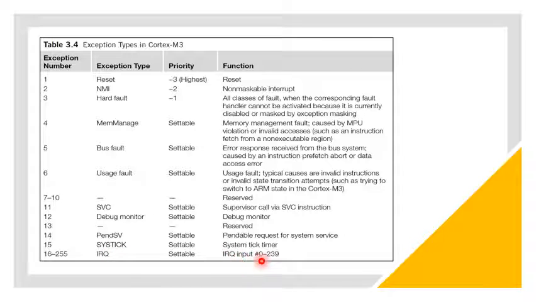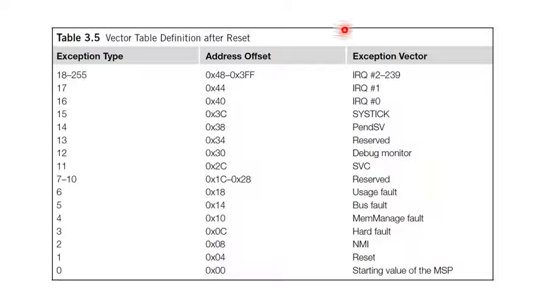There are 240 interrupts which can be handled. IRQ, that means interrupt request. So these are the certain exceptions which are allowed in the Cortex M3 processor. Then each exception will have a certain address.